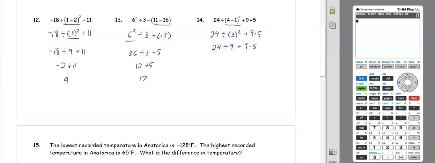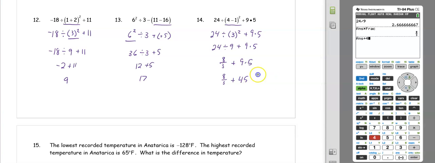When we do 24 divided by 9, that gets us a decimal. So we're going to turn it into a fraction. Math, enter, enter. So that gets us 8/3 plus 9 times 5. 9 times 5 is 45, so we have 8/3 plus 45. So we can use our fraction plus 45 on our calculator. And that gets us 143/3.